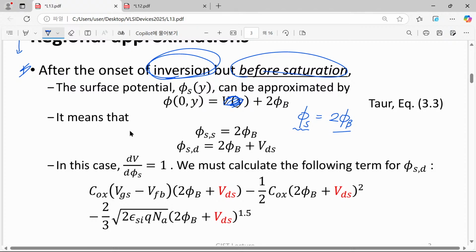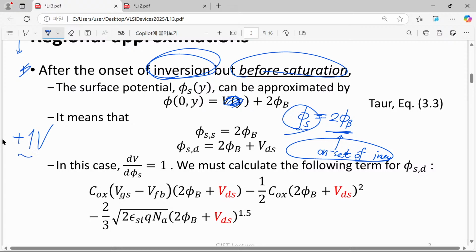We have already seen that this is the condition for the onset of inversion, and after that we will see a slight marginal increase of surface potential. It is not exactly fixed, but it is still increasing. The point is, although we apply, for example, an additional 1 volt, the amount of increase in our surface potential is much lower than, for example, 0.1 volt.